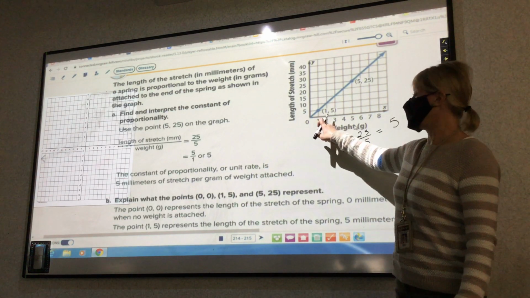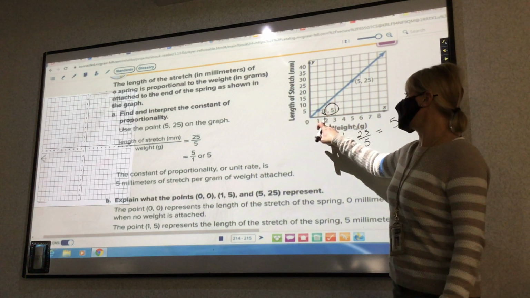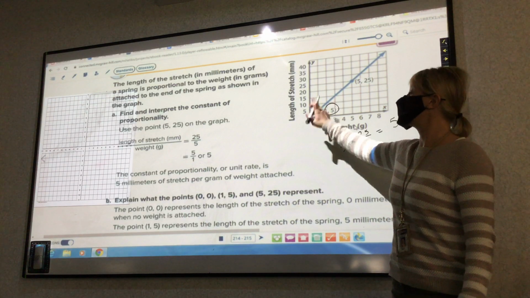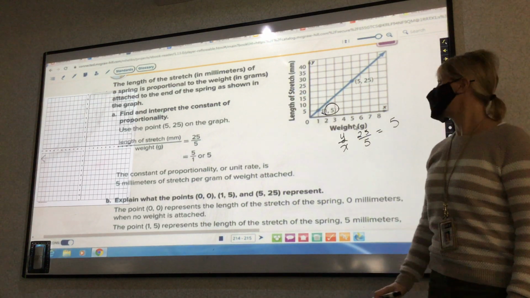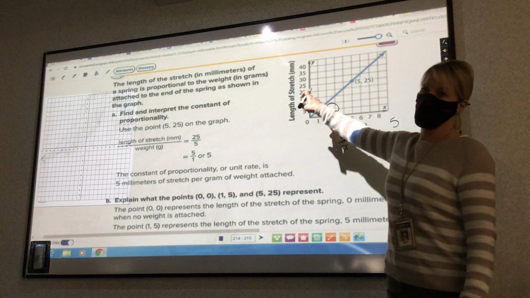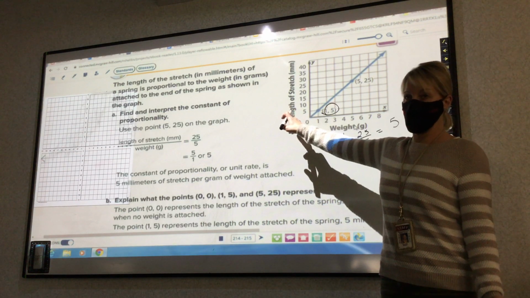To represent this one, I would say when 1 gram is attached, it stretches 5 millimeters. When 5 grams are attached, it stretches how far? 25 millimeters.